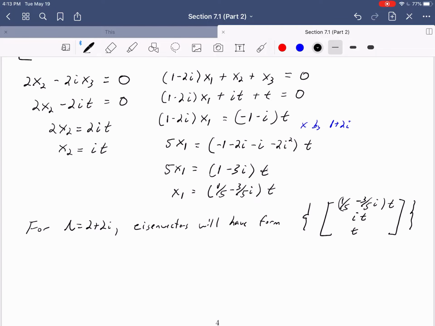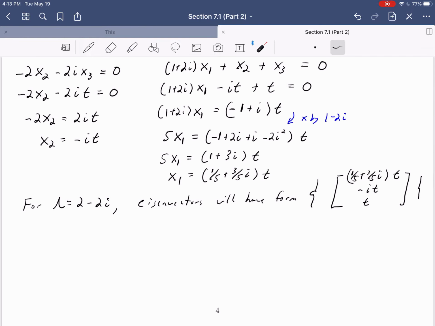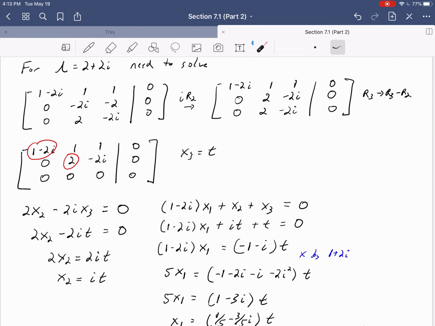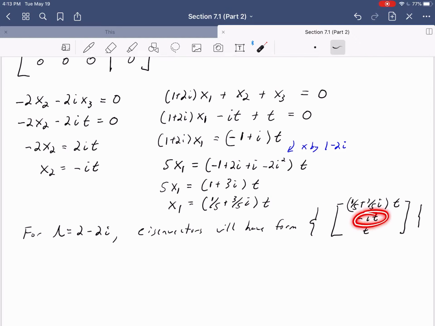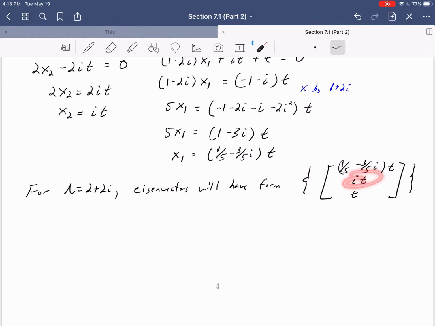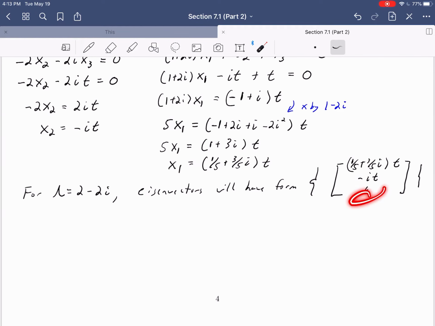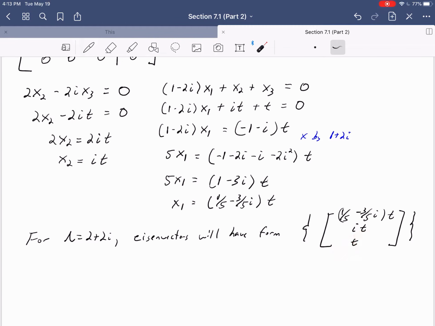Now, if you go back and compare the eigenvectors here to the eigenvectors we got here, we had 1/5 plus 3/5 i. Here we have 1/5 minus 3/5 i, so that is the conjugate. Here we had negative it. The conjugate of that is it. And, of course, the conjugate of a real number t is the same as just t. So that doesn't change at all.